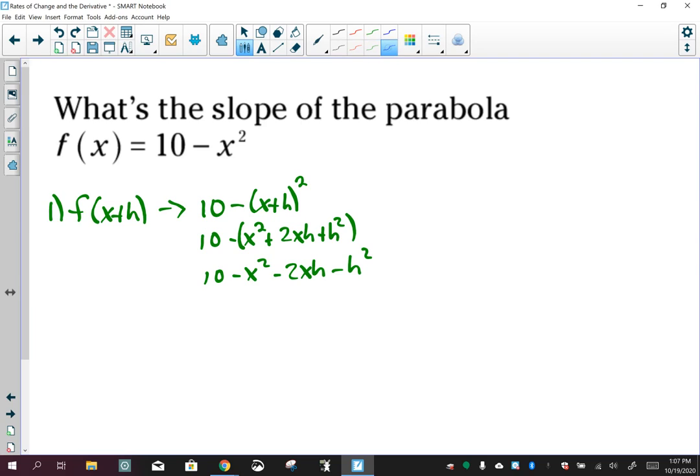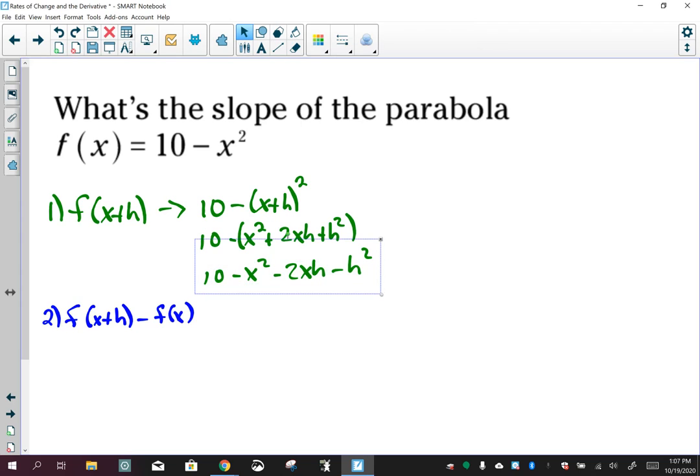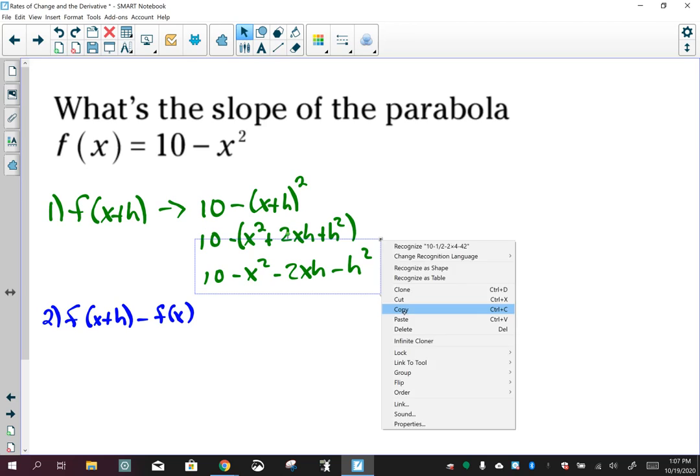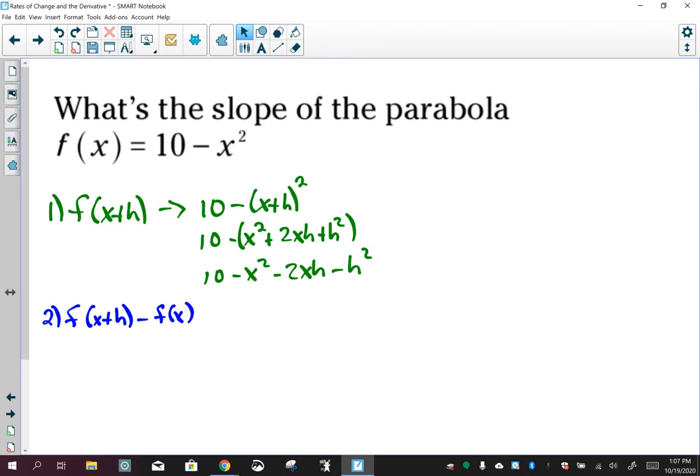Okay? Then the second thing we're going to do is take that and say f of x plus h minus f of x. So what I'm going to do is take this piece right here. We're going to copy this, and then I'm going to paste that right here.